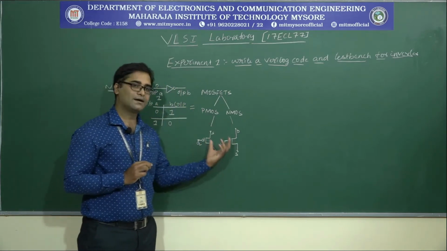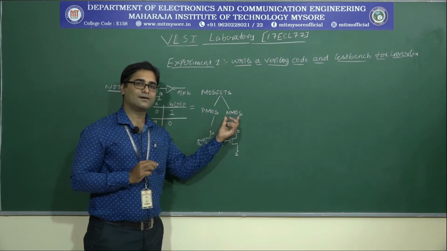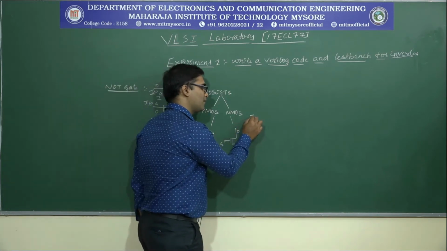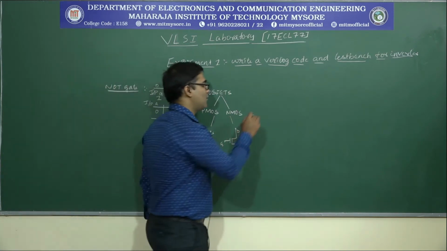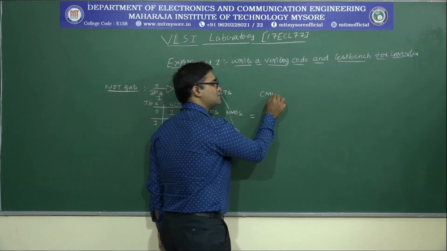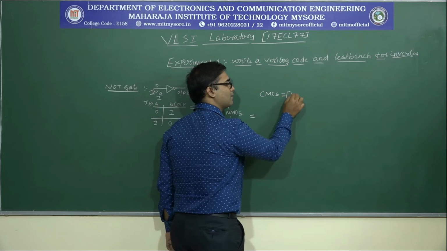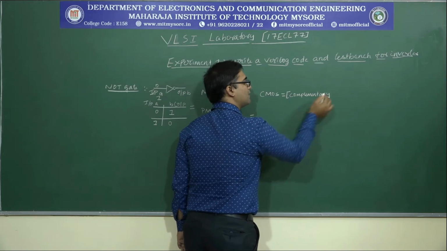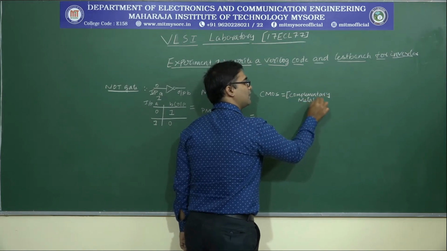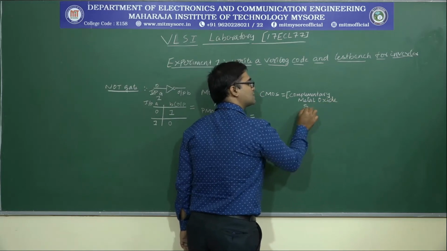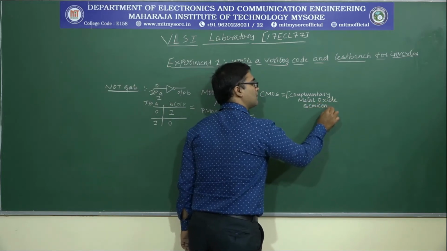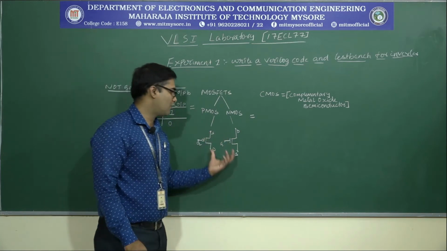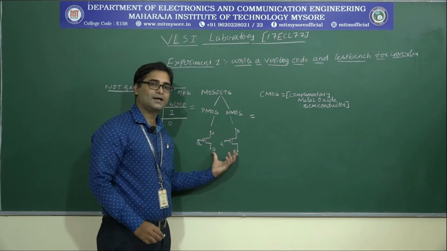By combining the PMOS transistor and the NMOS transistor, we get another type of transistor which is called CMOS, which stands for complementary metal oxide semiconductor, which is a combination of PMOS and NMOS.